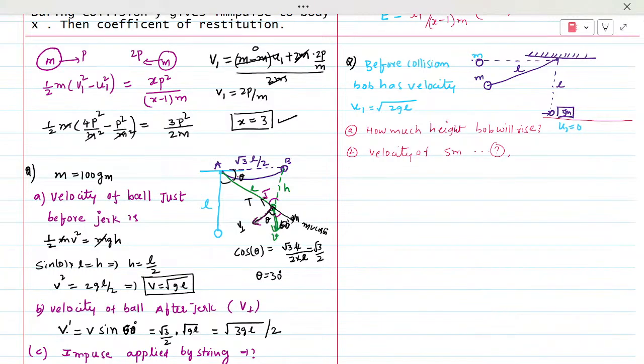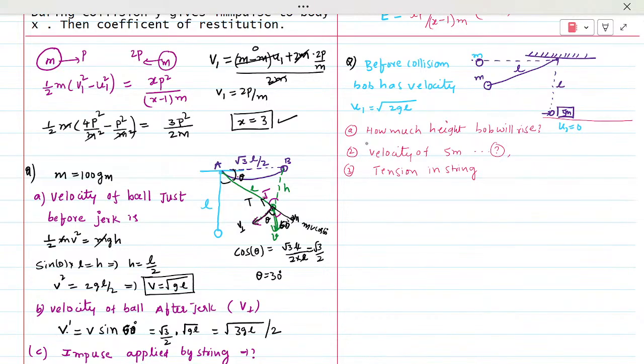Application only, nothing else. Next question can ask, what is the tension in the string? So now we'll see answers.